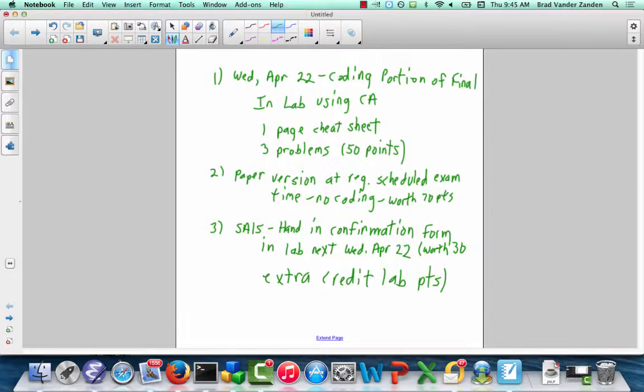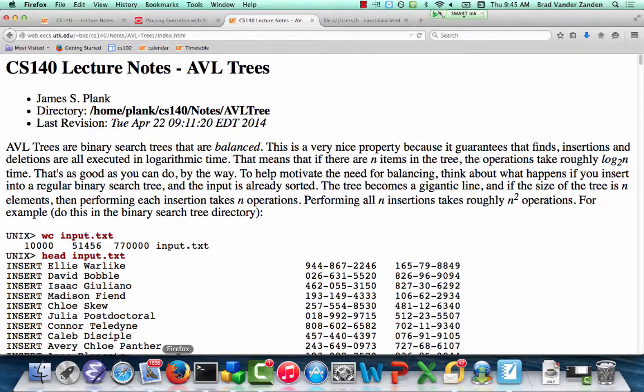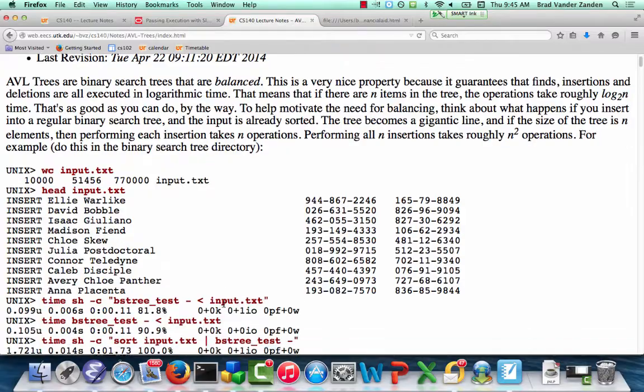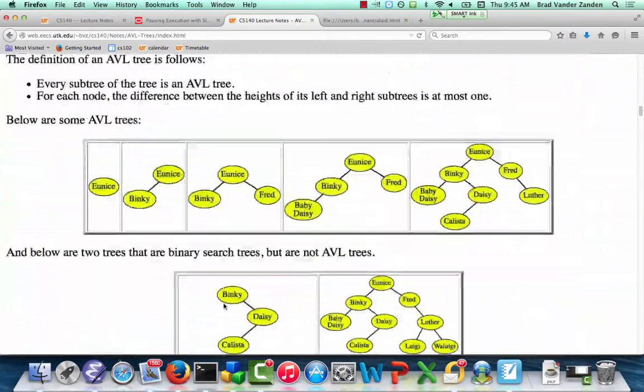Other questions? Okay. So today we're going to finish up, like I said, AvlTrees, and then we're going to move on into BTrees, which are another type of balanced tree structure, although they're not binary search trees.